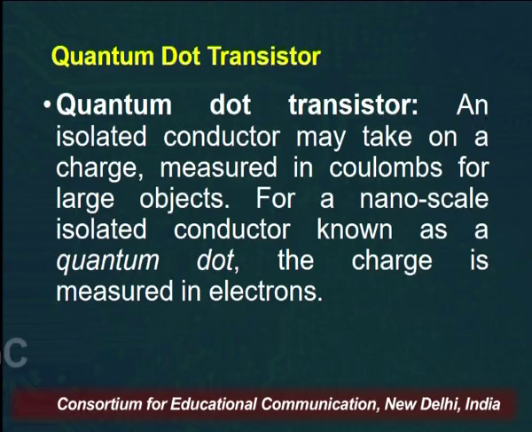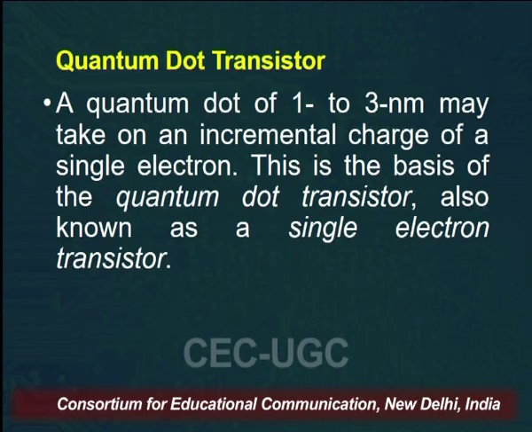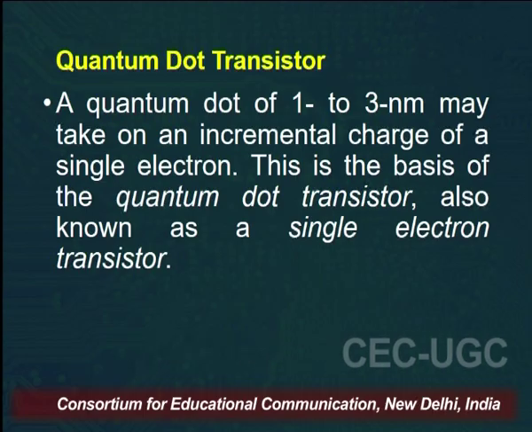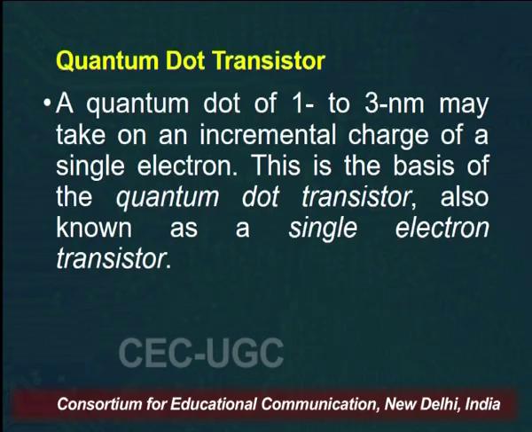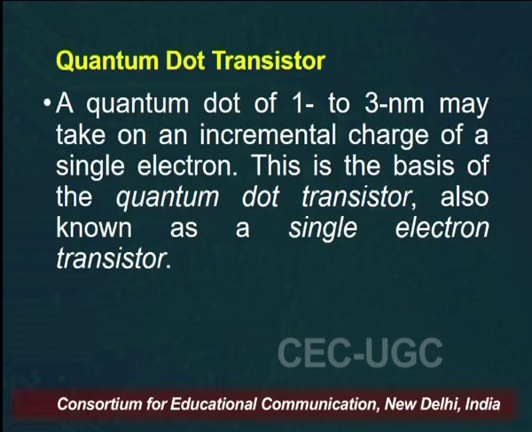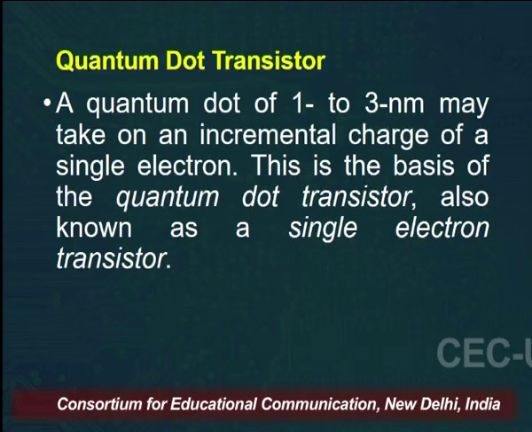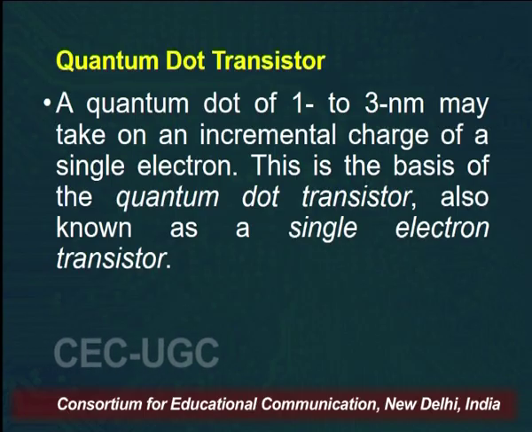The charge is measured in electrons. A quantum dot of 1 to 3 nanometers may take on an incremental charge of a single electron. This is the basis of the quantum dot transistor, also known as the single electron transistor.